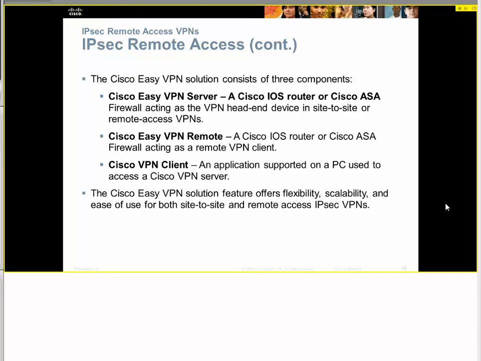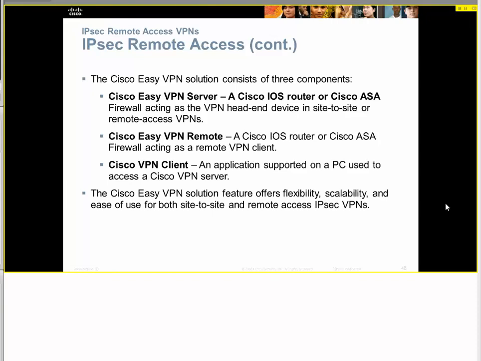The firewall basically acts as your catch at the corporate office. All of the inbound activities from your remote clients are caught by the EasyVPN remote service. So VPN remote is a service running on the router or the ASA firewall, and it basically provides the catch for you.